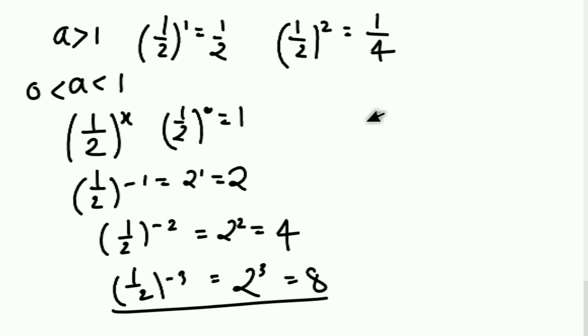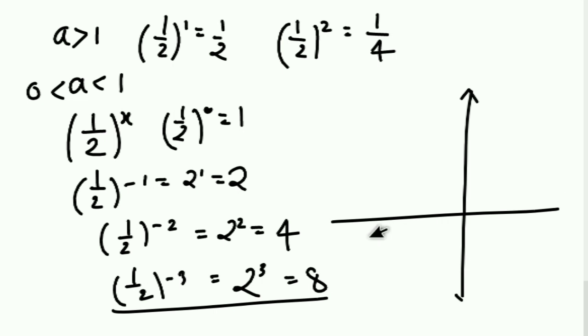So let's draw the graph for this. So this is your origin, and when your x is equal to 0, you are getting the y value as 1. When your x is equal to minus 1, that is here, you are getting the y value as 2, so it could be here.